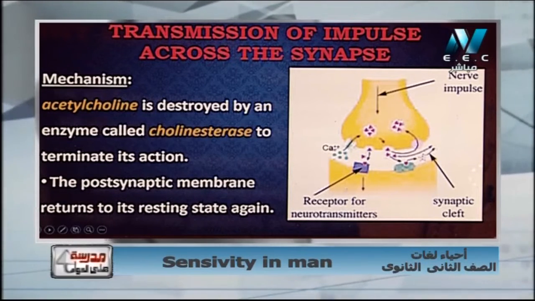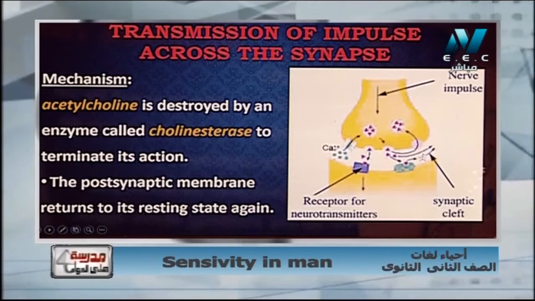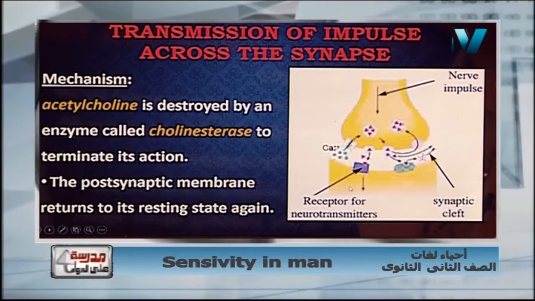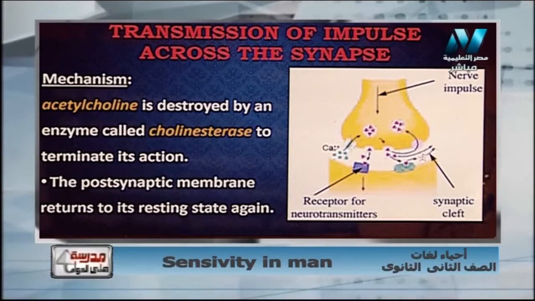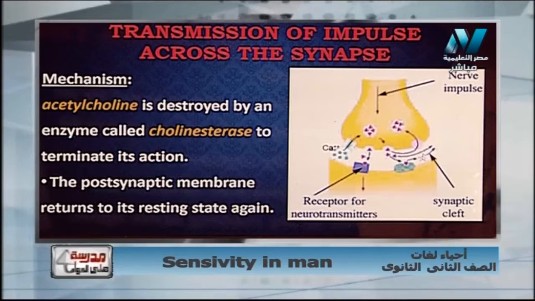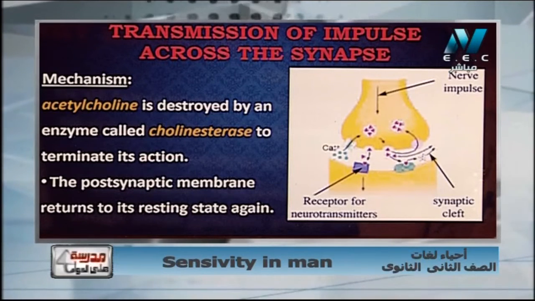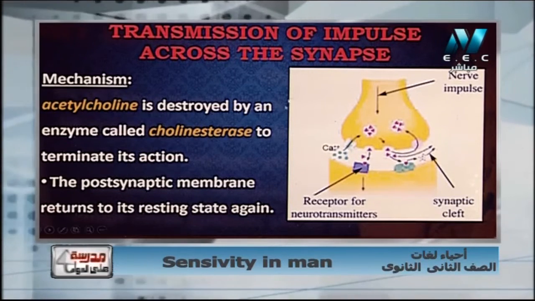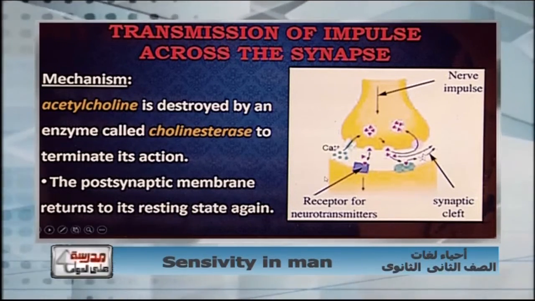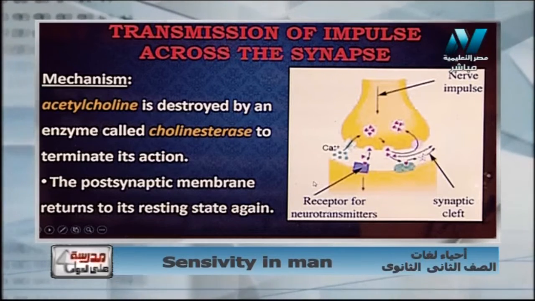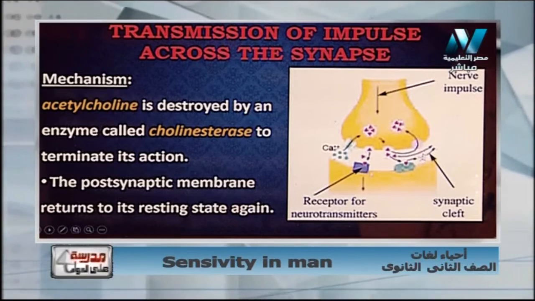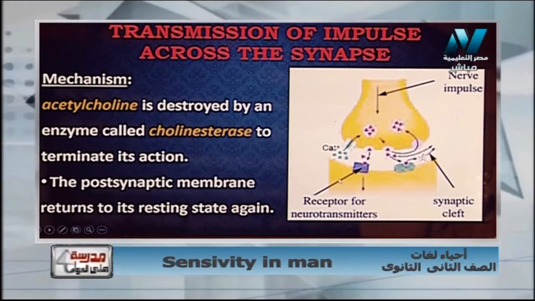Once the chemicals enter the dendrites, the acetylcholine is destroyed by an enzyme called cholinesterase. This cholinesterase enzyme destroys the acetylcholine to terminate the action of this chemical.